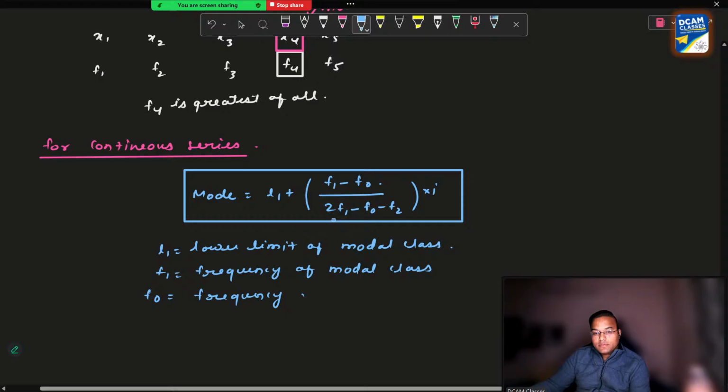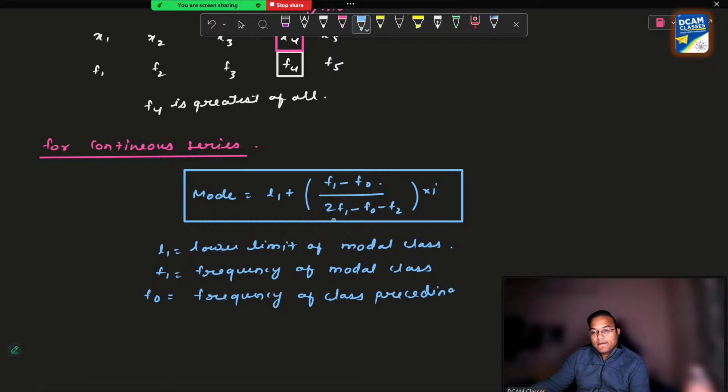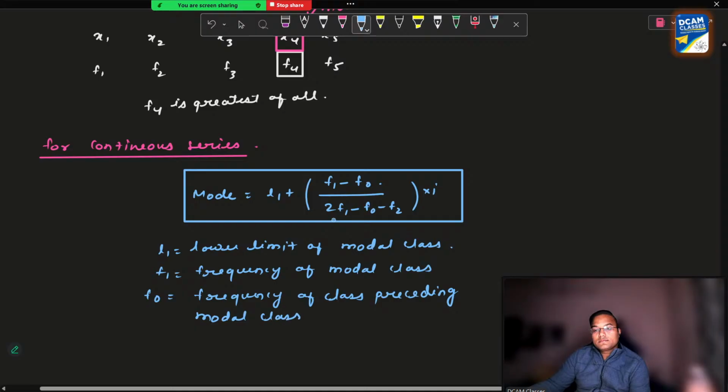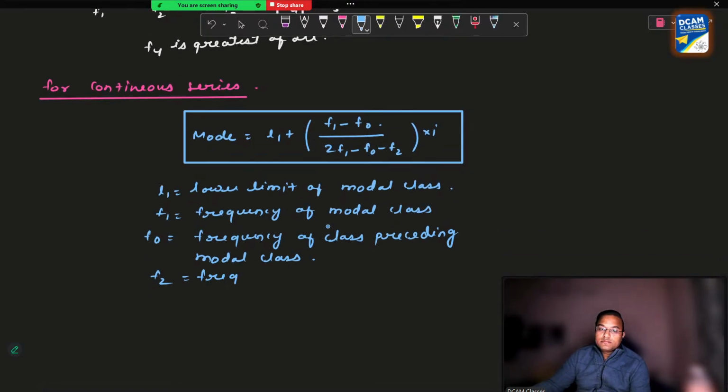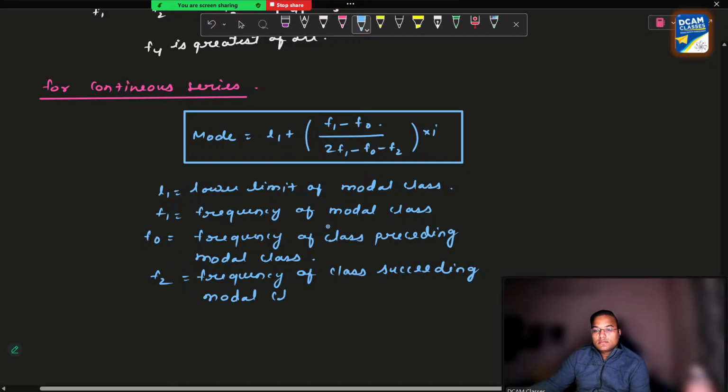The frequency of the class preceding the modal class. F2 is the frequency of the class succeeding the modal class, and i is the size of the modal class.